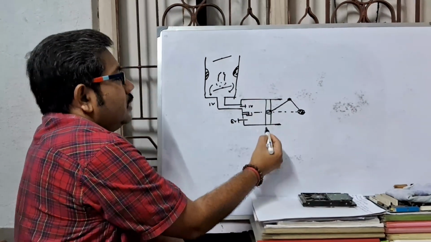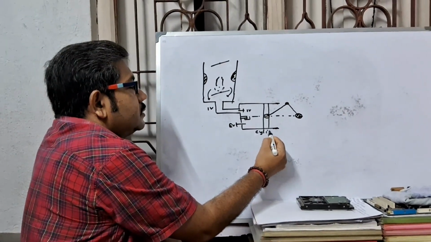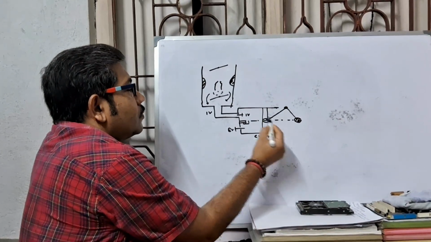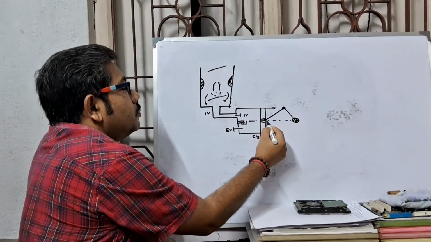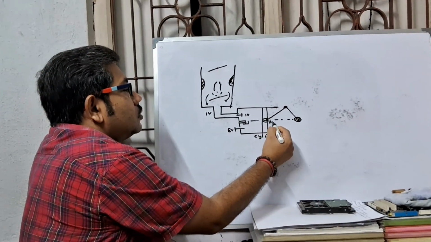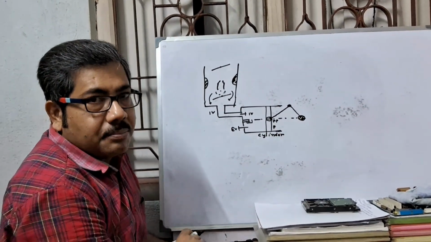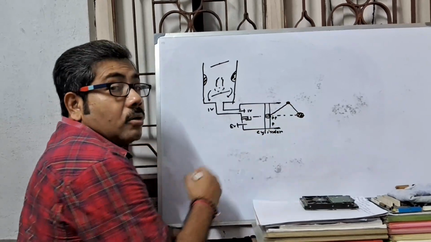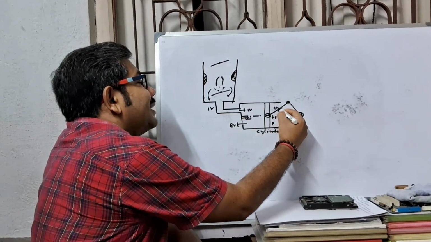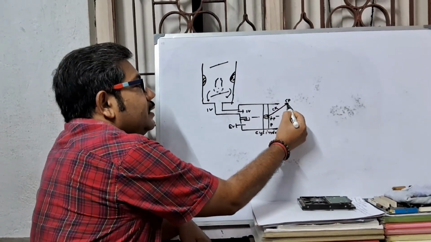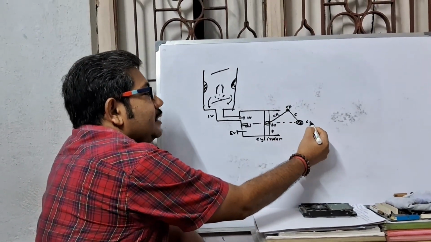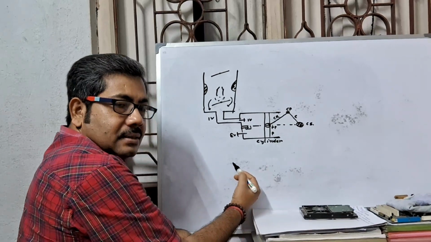So this is the cylinder. This is the piston, this is the piston pin or gudgeon pin or wrist pin. This is the connecting rod or piston rod. This is the crank pin, this is the crank, and this is the crankshaft.